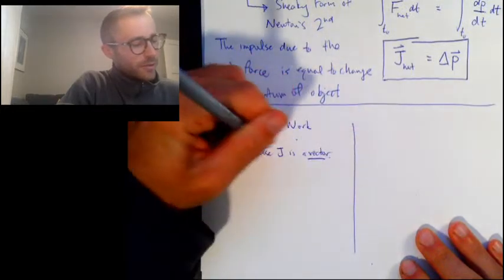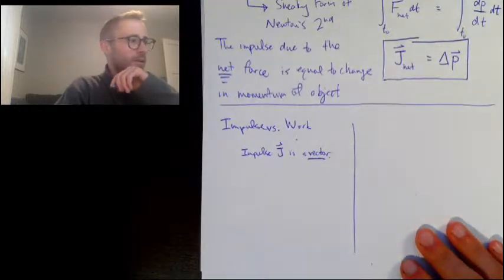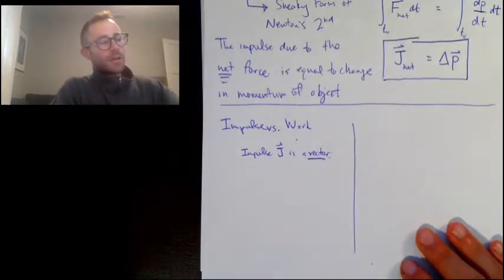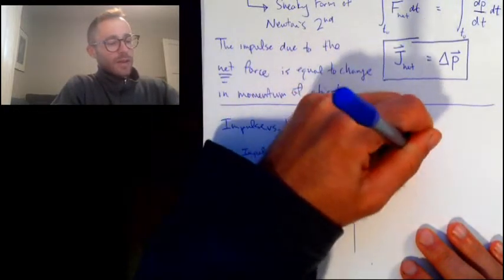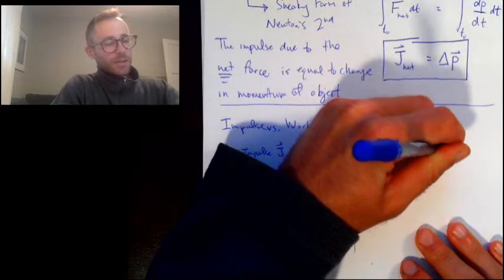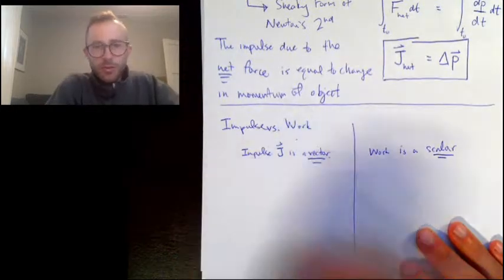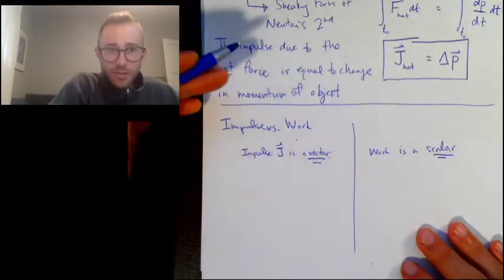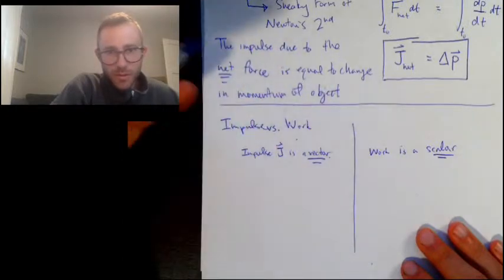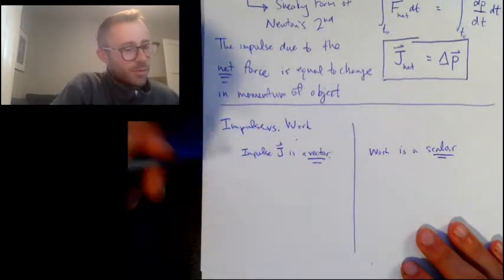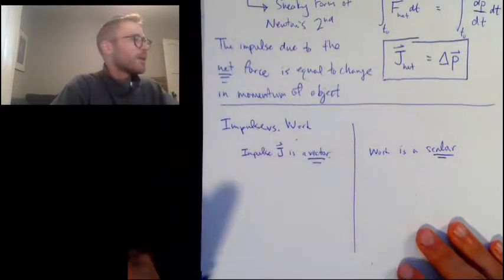It has a magnitude and a direction. Work, on the other hand, is a scalar. If you have something in two dimensions, impulse has an i and a j component. If something is moving one-dimensionally, then we don't worry about i's and j's. But impulse is a vector. Work never has i and j components.